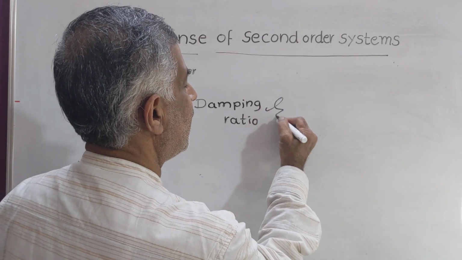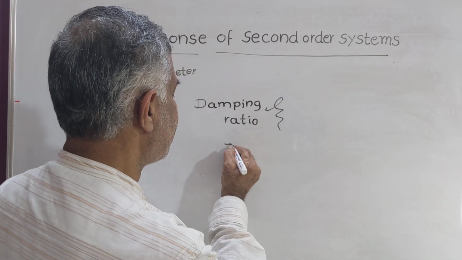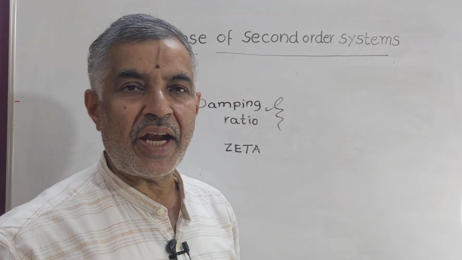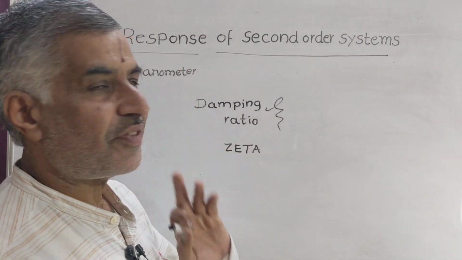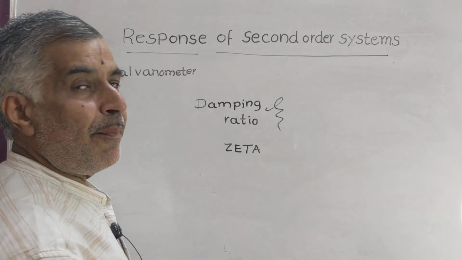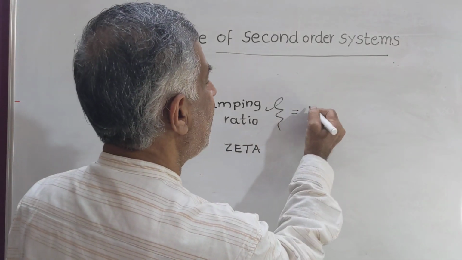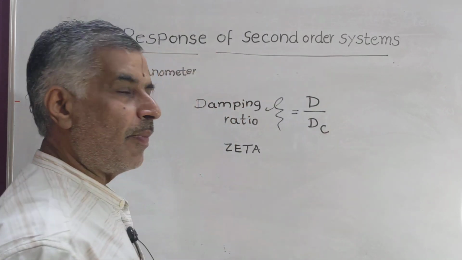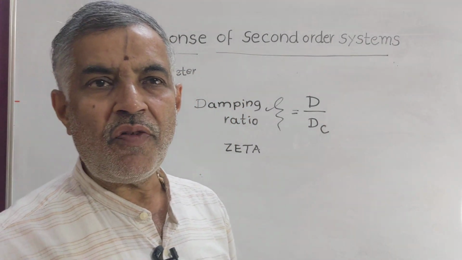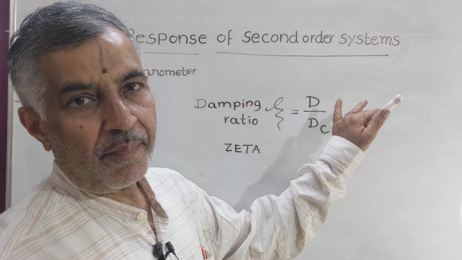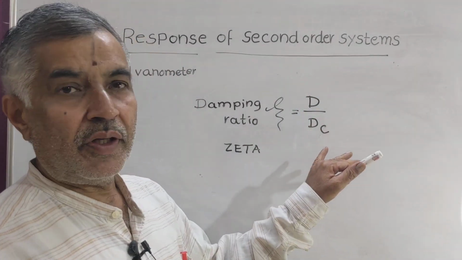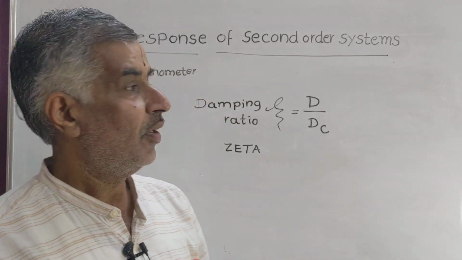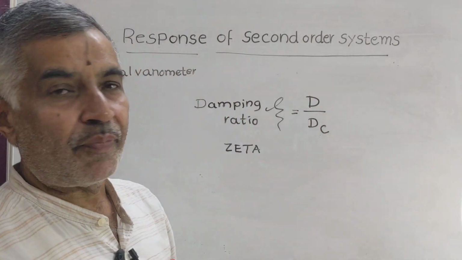It is known as zeta, the Greek letter zeta; in standard textbooks it is represented as zeta. So what is damping ratio? Damping ratio means d by dc: the ratio of damping in the system to the damping required for critical motion.